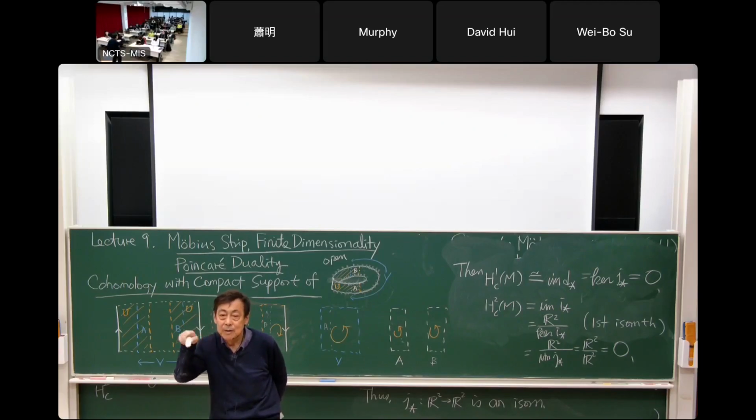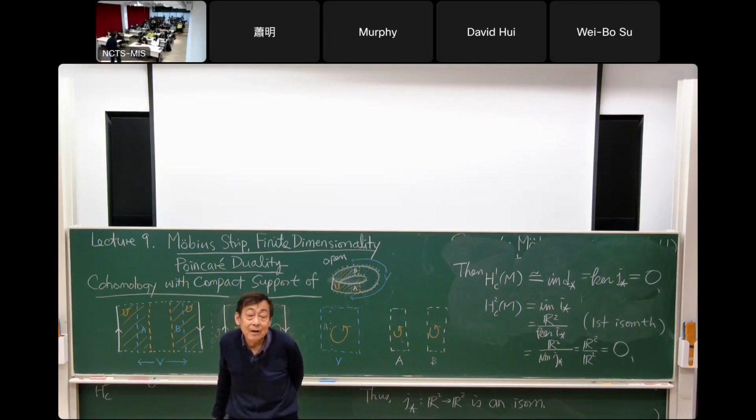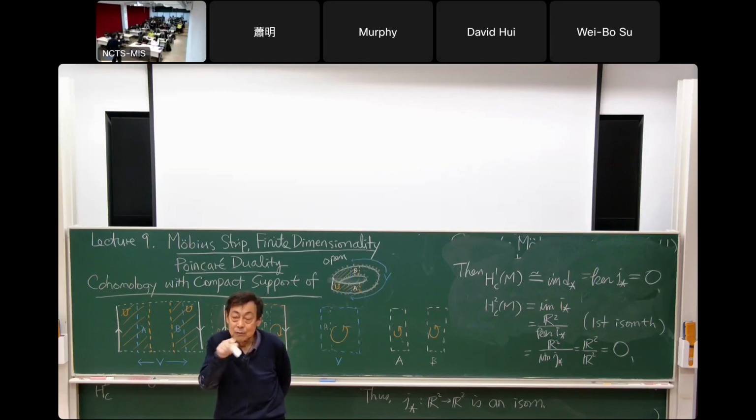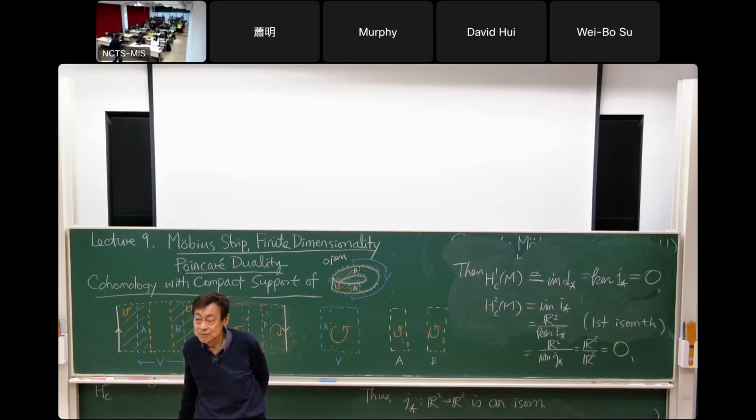If you take out 3 points, what is H1 of R2 minus 3 points? It would be R3. And if you take out 5 points, H1 is R5. So if you take out infinitely many points, let's say all the integer points on the real line, then H1 would be infinite.